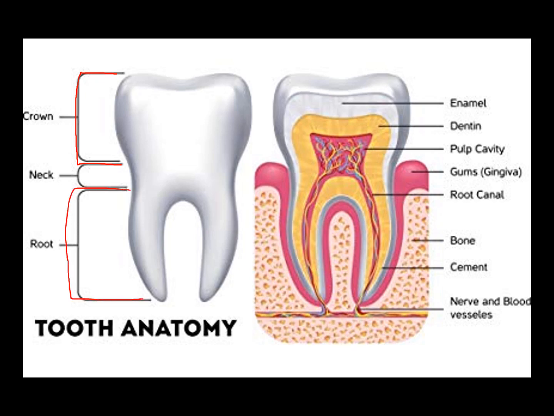And if we open it up, we can see that there's a root canal that's running inside the root, and it opens up down here at the bottom of the root into our nerve and blood vessels. So the nerve and blood vessels are able to come up through that pulp cavity, that root canal, and open up into the tooth.